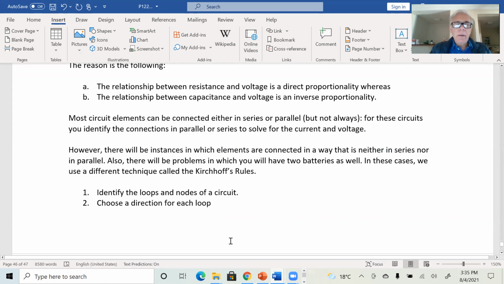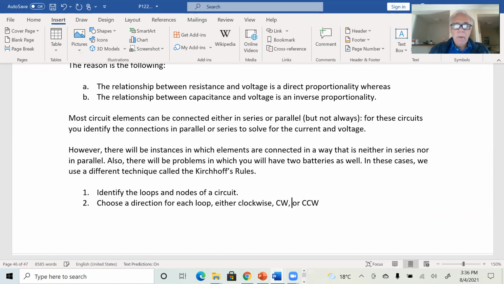You can choose it either way you want, either clockwise or counterclockwise. Okay. Clockwise, CCW.